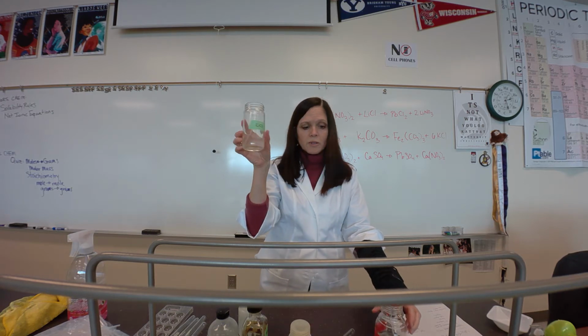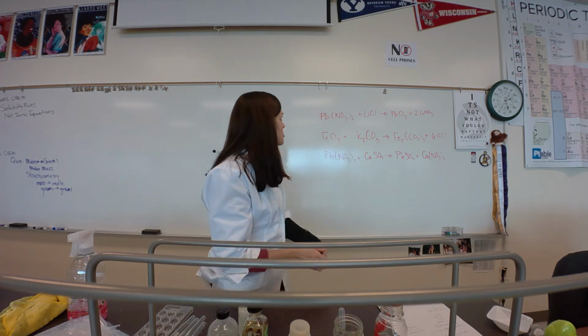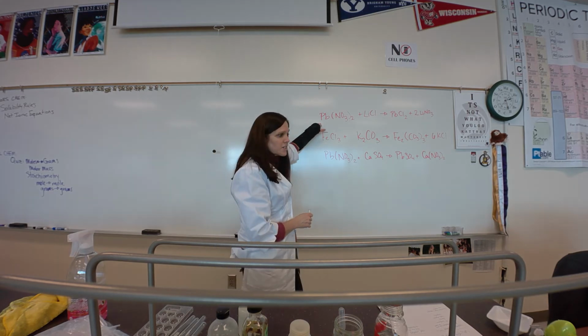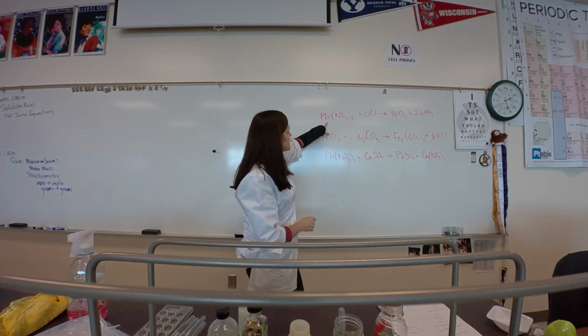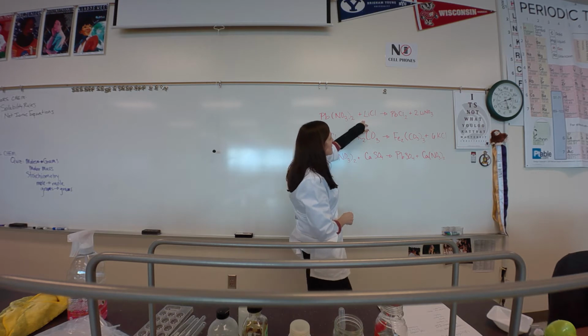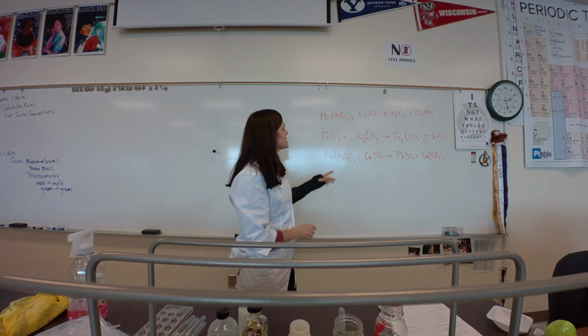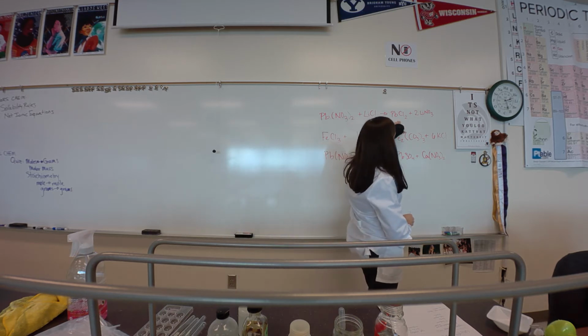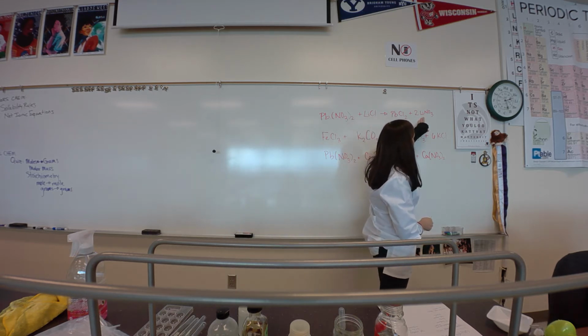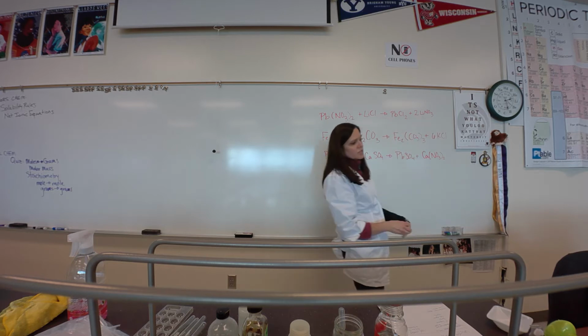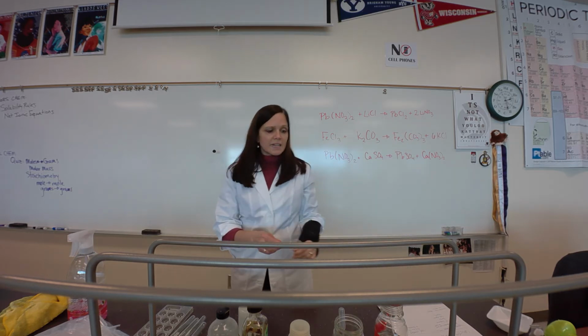You'll see that they're both colorless and clear. If I look at this reaction here on the board, I've got the lead II nitrate and the lithium chloride, and notice that all of these are double replacement reactions. I'm predicting that we're going to make lead II chloride, and we're also going to make 2 lithium nitrates for everything that we've reacted.